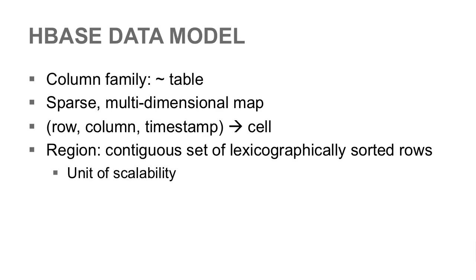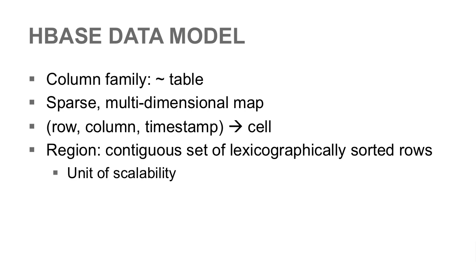Let's see what the HBase data model is. We have the concept of a so-called column family. That is close to a table in a relational database. The data structure is a sparse, multidimensional map. And the model is such that we have a row and a column. You can think of those as coordinates. And in addition to that, there is a timestamp.